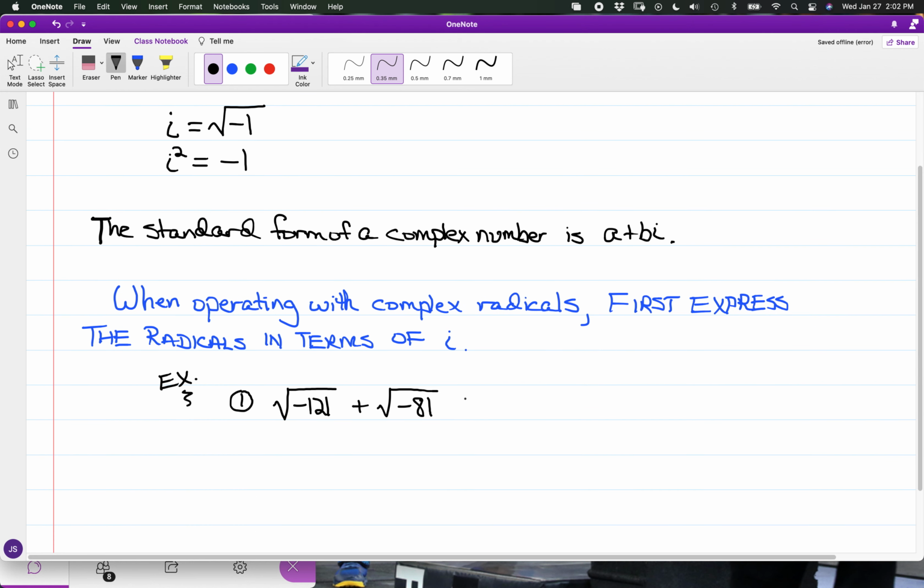And 121 and 81 are perfect square values. The square root of 121 is 11, but that of -121 is going to be 11i. And for the square root of -81, the square root of 81 is 9, so that of -81 is going to be 9i. And if we combine 11i plus 9i, in the sum we have 20i.